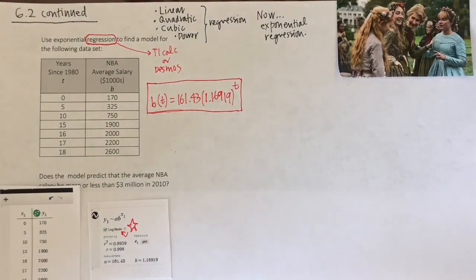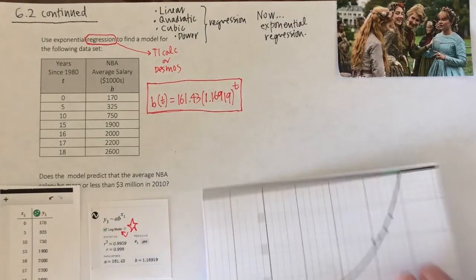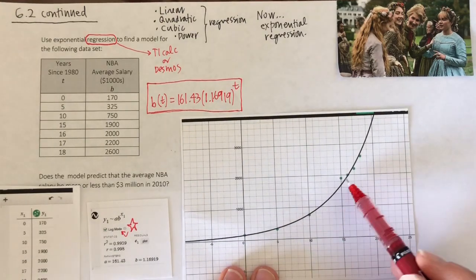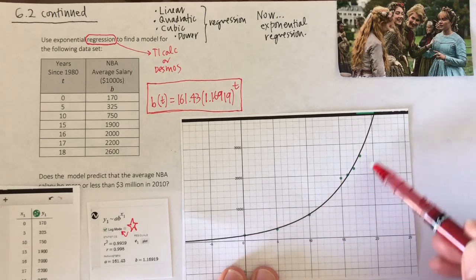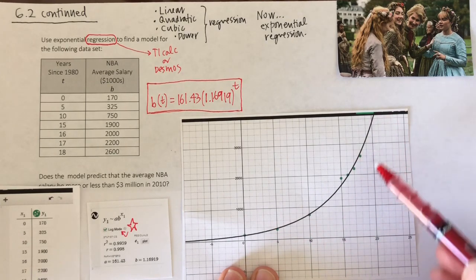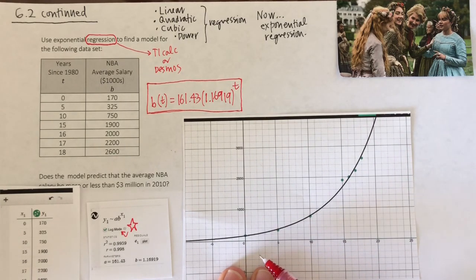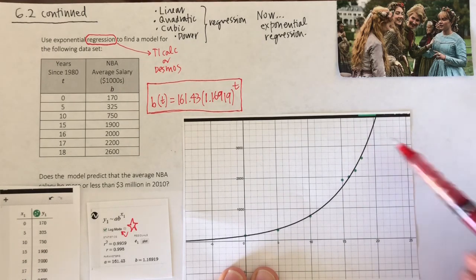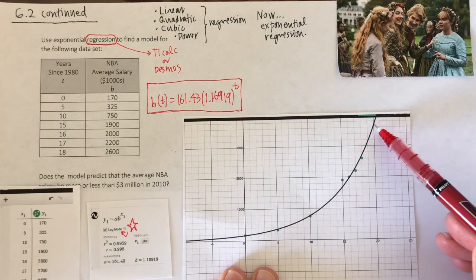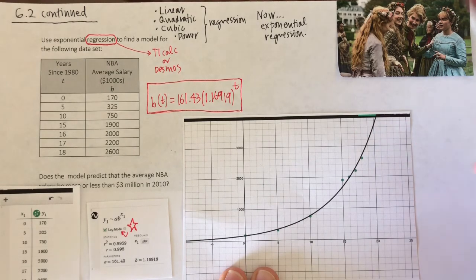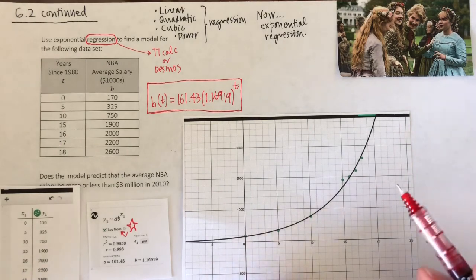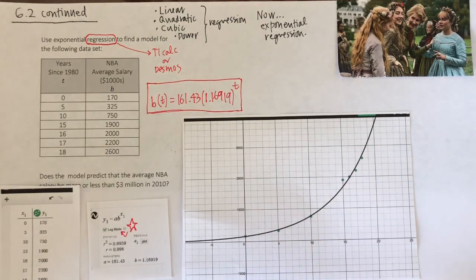So it's fitting this curve. And when I plugged it into Desmos, this is what it looked like. These green dots were the actual data, and this is the exponential curve that this data follows. So yeah, that's really climbing quickly. I mean, 20 years after 1980, just think of how quickly things are going to grow after that, according to the model. Is that realistic? I don't know. There's probably a number of limiting factors.